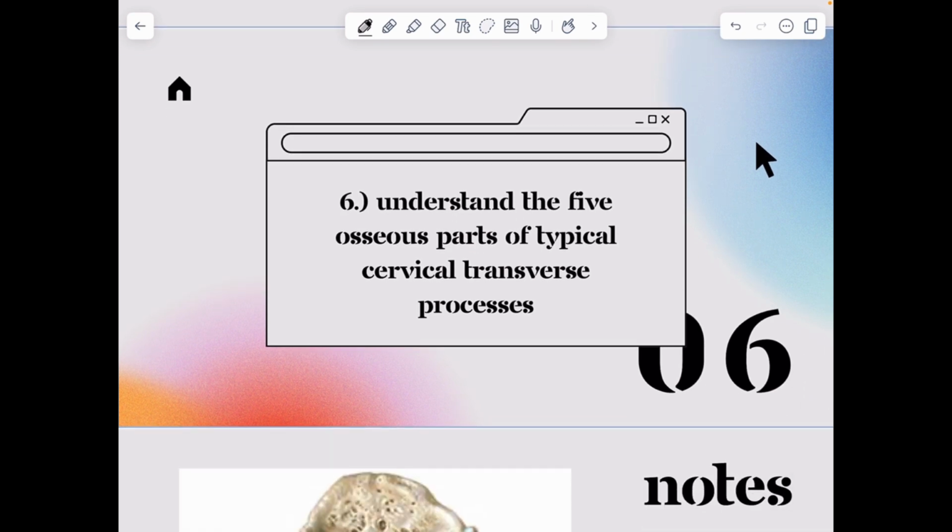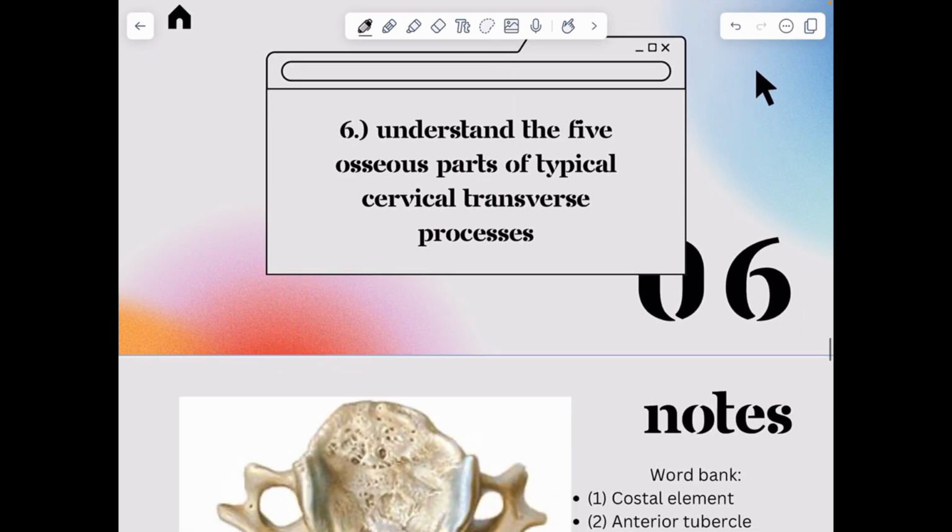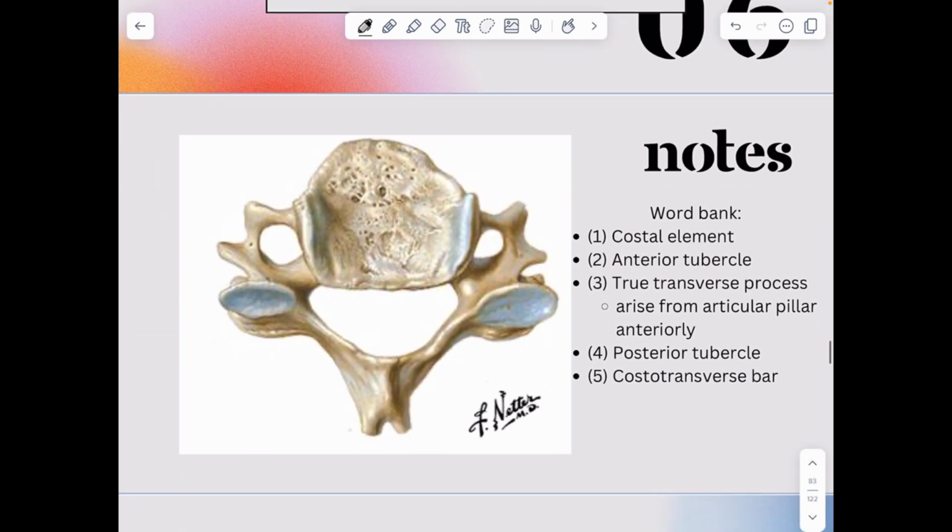So, understand the 5 osseous parts of typical cervical transverse process. So we have the, let's see here, get my colors out. The costal element. That's gonna be right here. We have the anterior tubercle right here, because this is, remember, this is anterior and this is posterior.